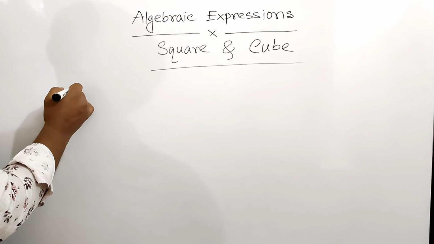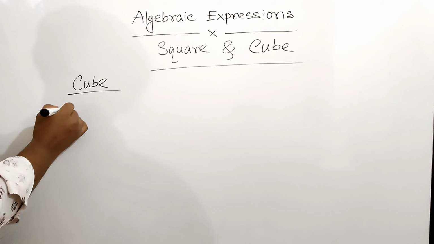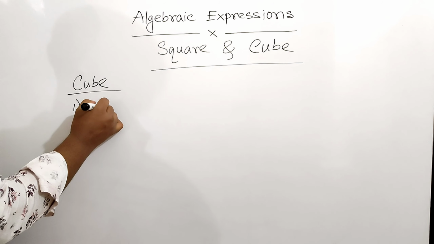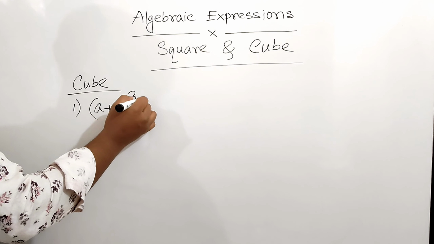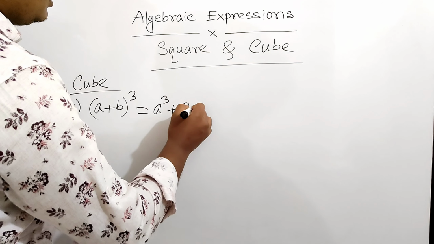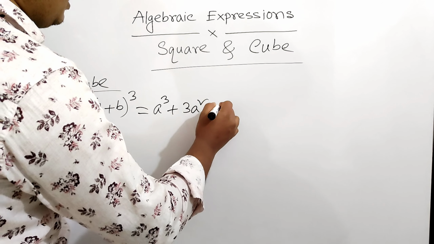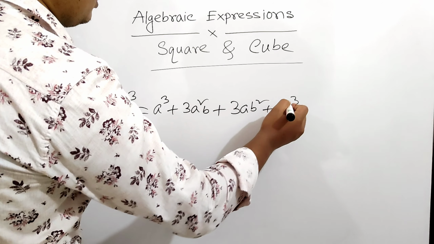So now formula for cube, that means in number 1, if the formula is a plus b whole cube, okay, then you can write a cube plus 3a square b plus 3ab square plus b cube.